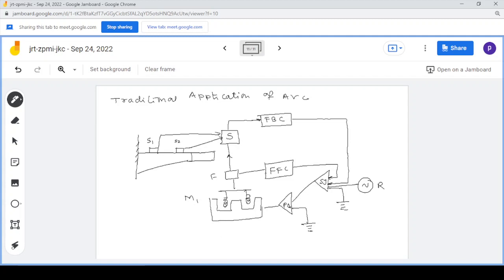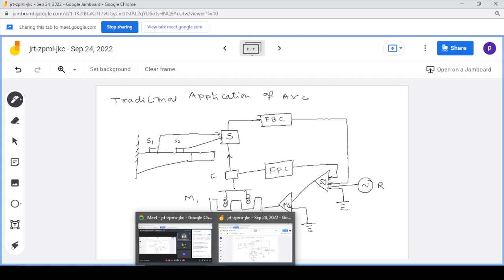We have attached the system with a spring and stiffness, connected to the ground. This is K1 and this is C1. So what are K1 and C1? These are the springs and dampers.